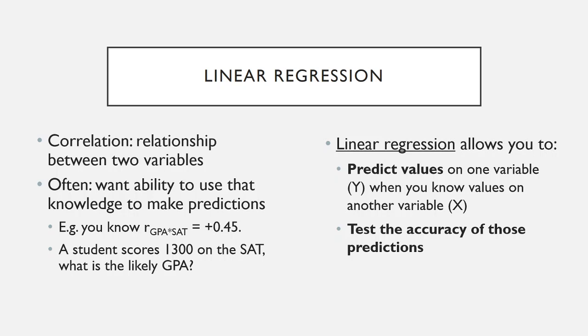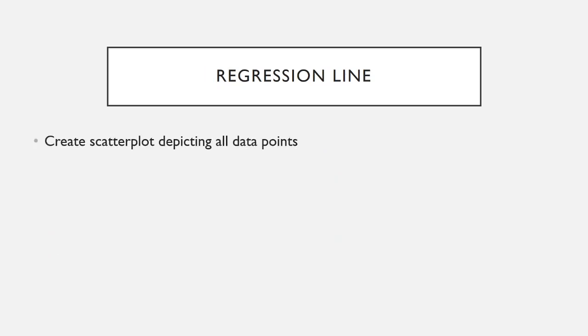If you were to be given the value that an individual had on your first variable, and you know the variables are related, you'd be able to generate a prediction for their outcome variable, that second variable. Additionally, regression has a function within this family of analyses that lets you quantify the accuracy of those predictions.